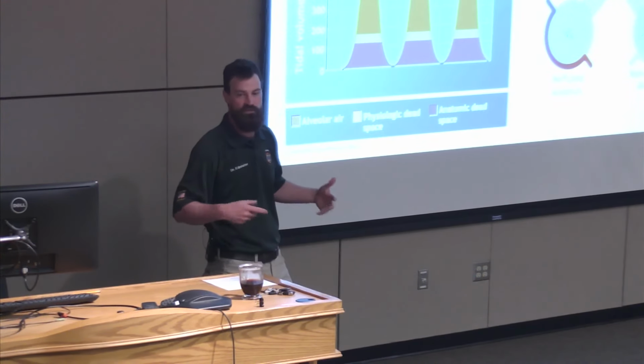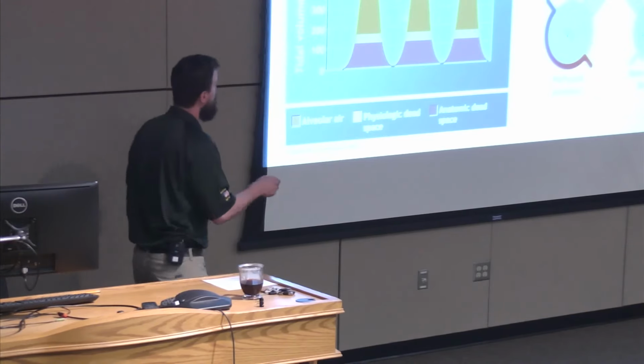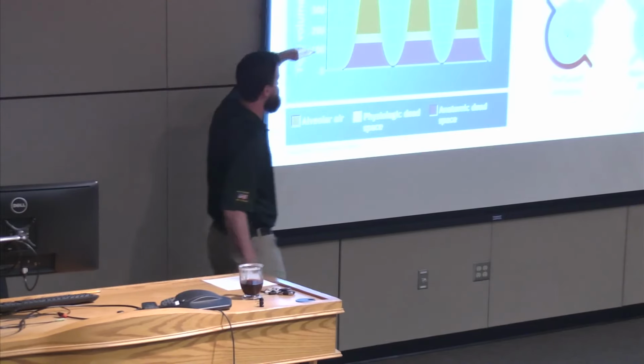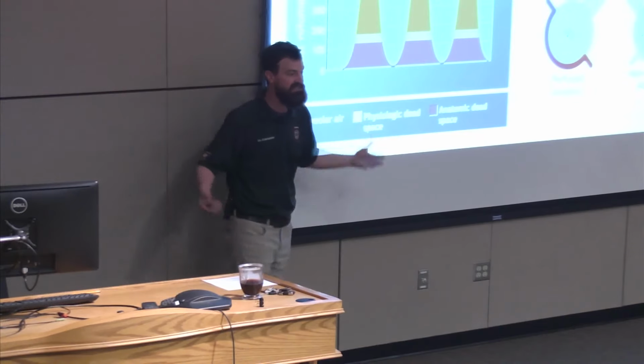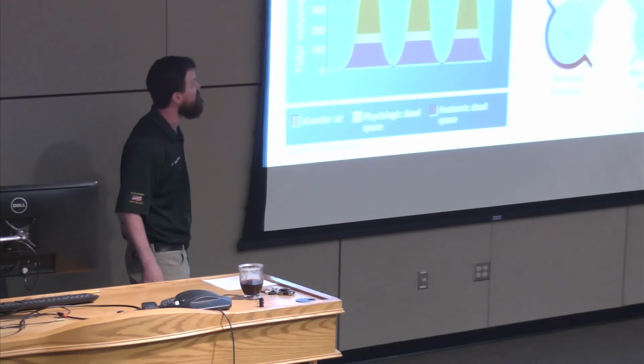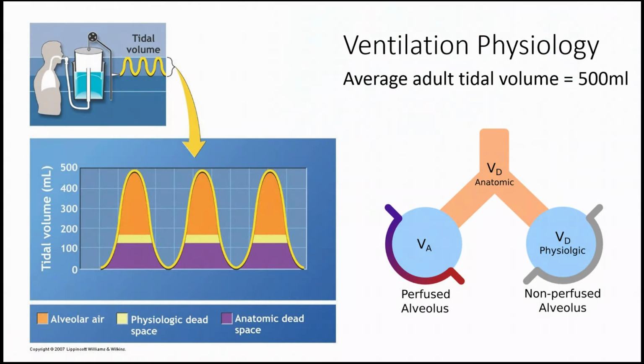So our typical standard respiratory volumes are tidal volumes, okay? Most of that is going to be made up of alveolar air, which takes place in gas exchange. So if I have 500 cc's, right? Tidal volume is generally about 500 cc's, right? About, what, 350 or so is actually alveolar gas, alveolar exchange, right?